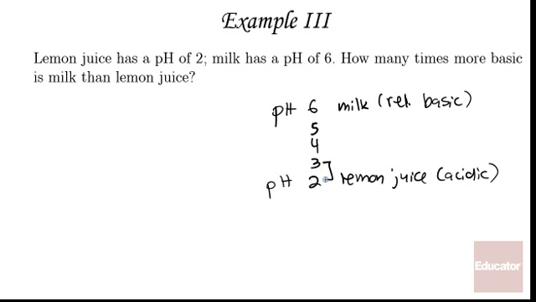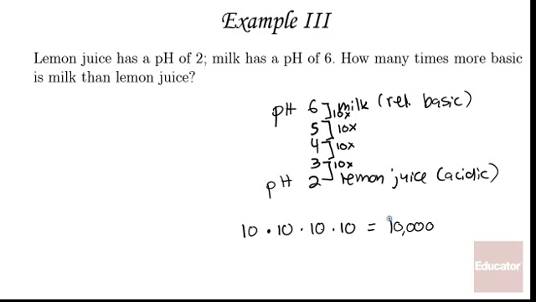So going from 2 to 3 is 10-fold, 10 times. 3 to 4 is a 10-fold change. 4 to 5, and then 5 to 6. So going from 2 to 6, I'm going to be increasing 10-fold, times another 10, times another 10, times another 10. So that gives me 100, 1,000, 10,000.